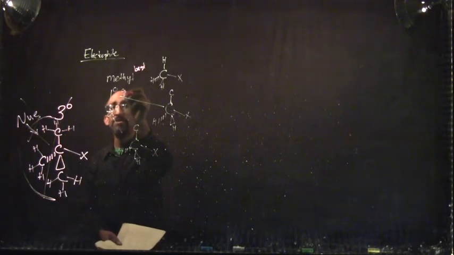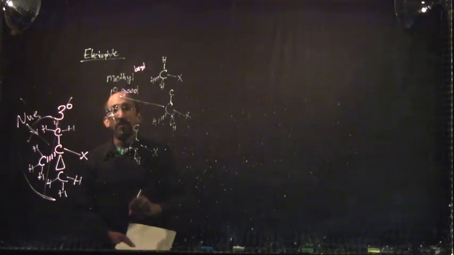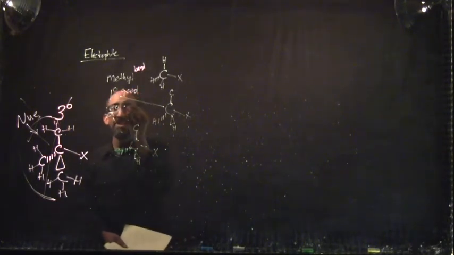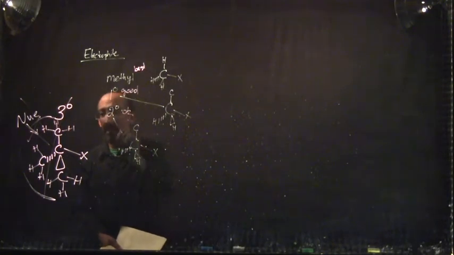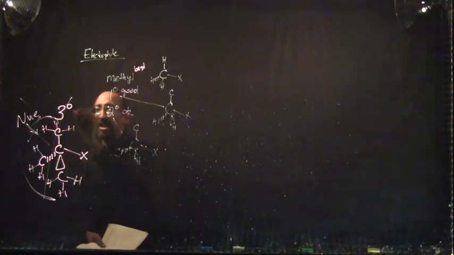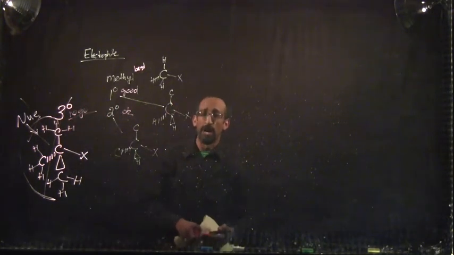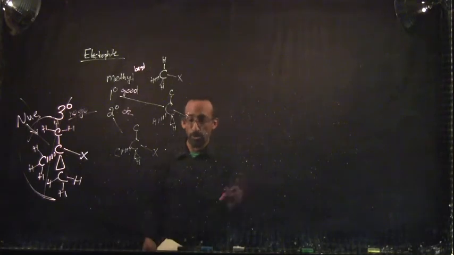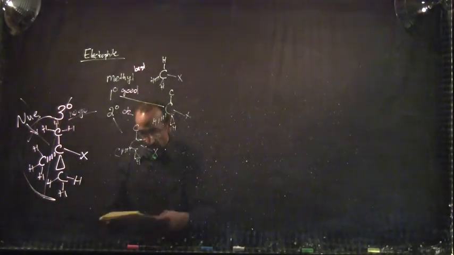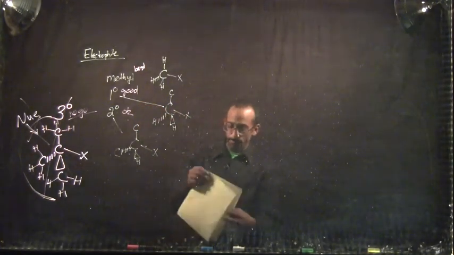Primary is good for an SN2, and secondary are okay. Once we get to a tertiary alkyl halide, it is a no-go, right? Tertiary alkyl halides do not react by SN2, do not participate in SN2 reactions.